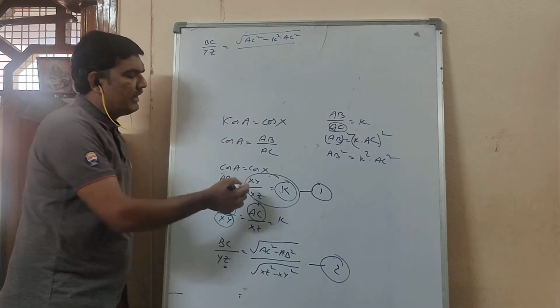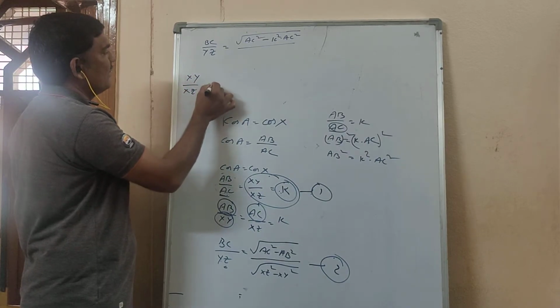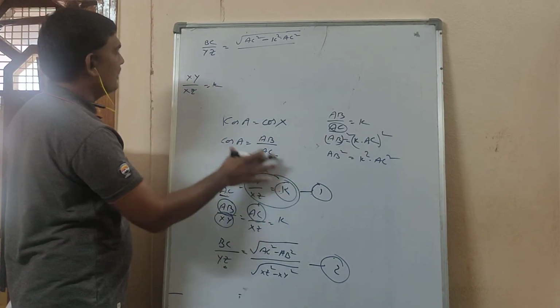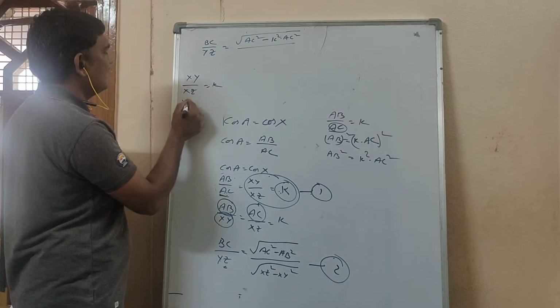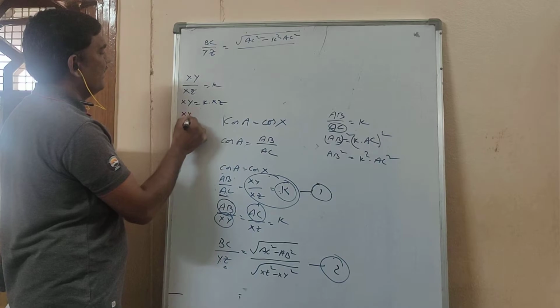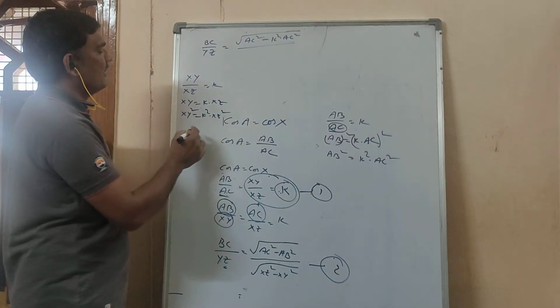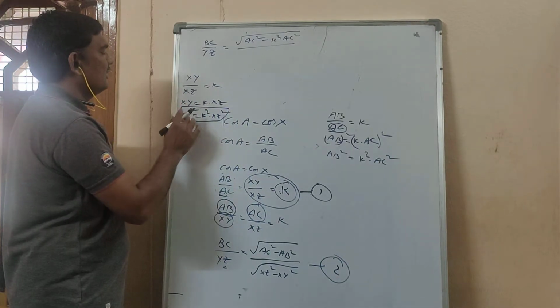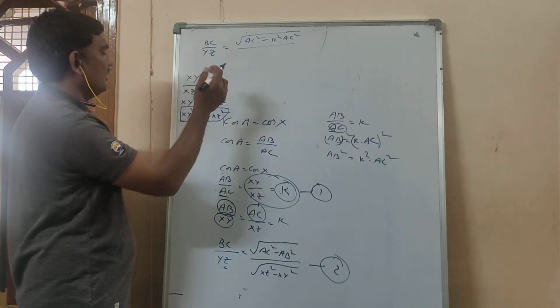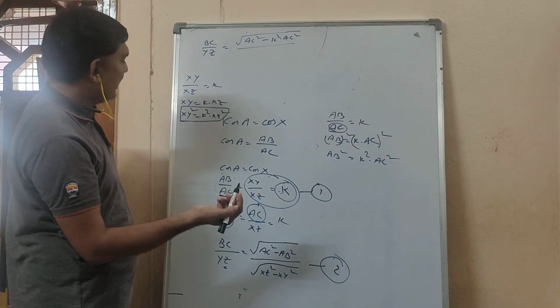Then XY is equal to k into XZ, and squaring on both sides, XY square is equal to k square into XZ square. So this value I had to substitute over here.